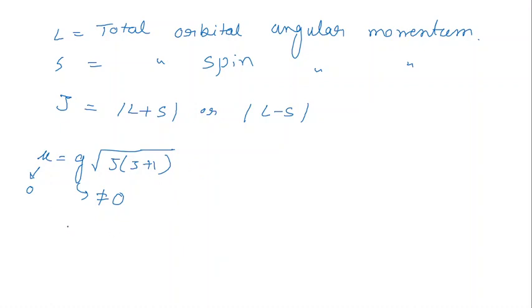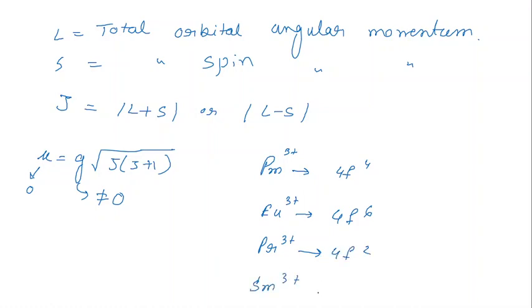So now we will calculate the value of L. This is having 4f4, 4f6. This is our question. We have to see among them which has magnetic moment 0.